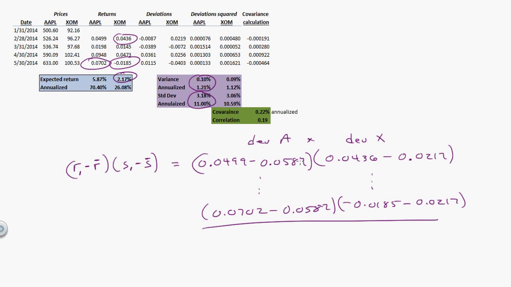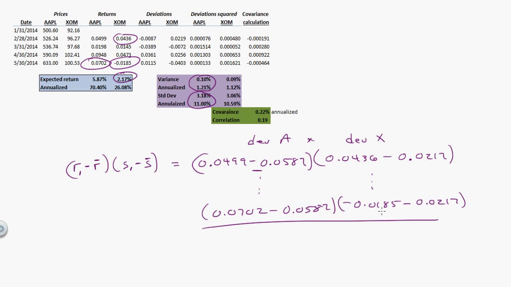So I take the deviations for Apple and multiply by the deviations for ExxonMobil, and what that's telling me is the relationship between the two. It says, look, Apple in this case underperformed what we expected, and Exxon overperformed. So this is a negative times a positive, that gives me a negative, and here Apple overperformed and Exxon underperformed.